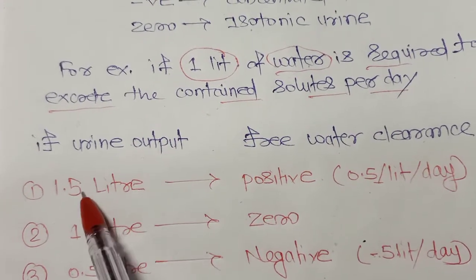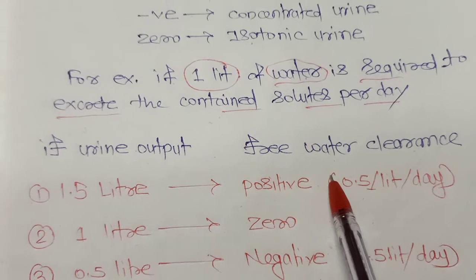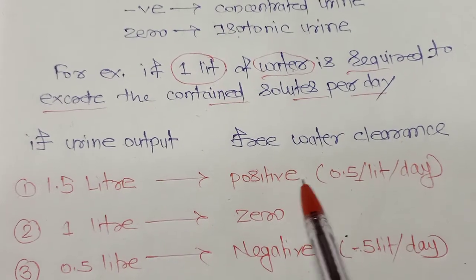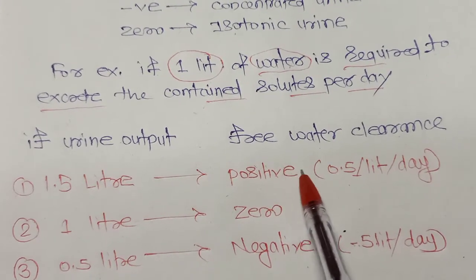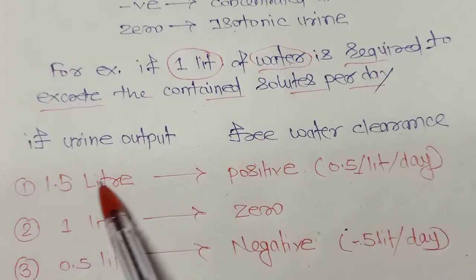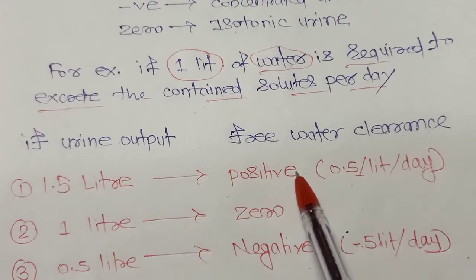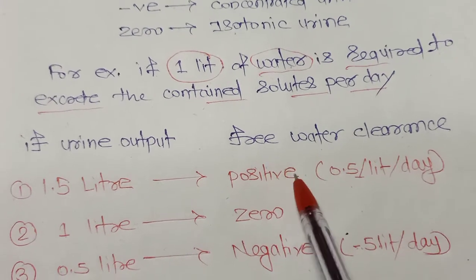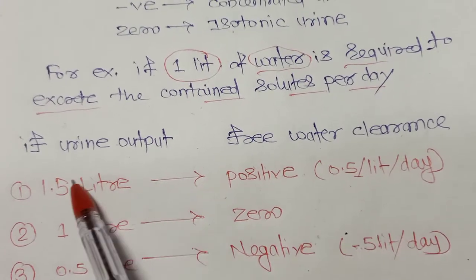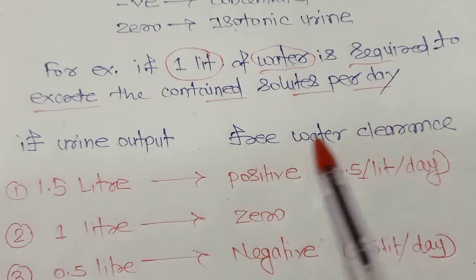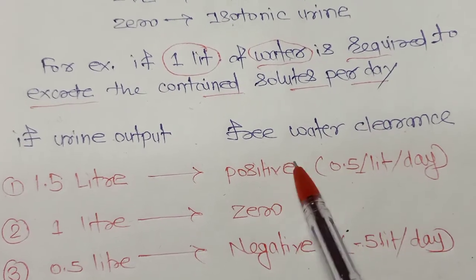So if urine output is 1.5 liters, free water clearance is positive because the urine is dilute urine.